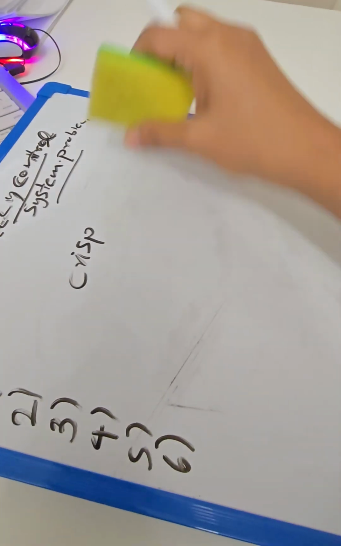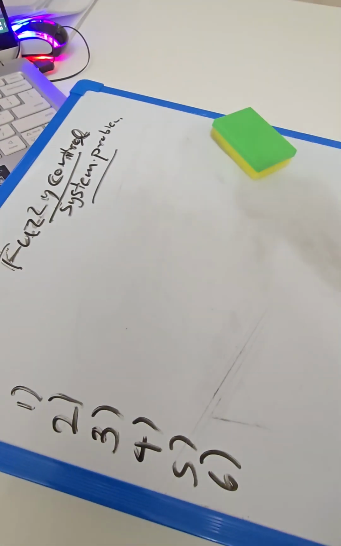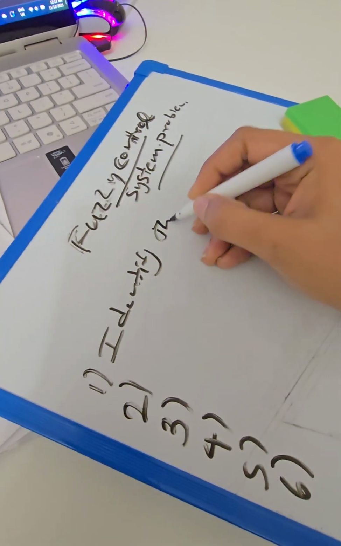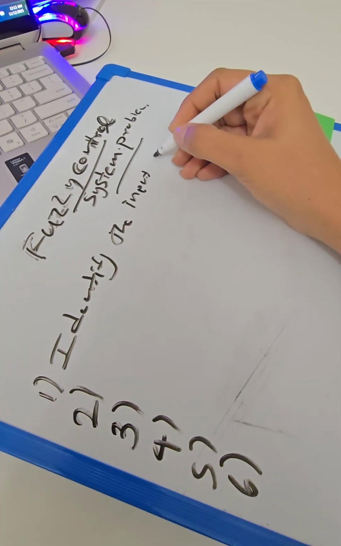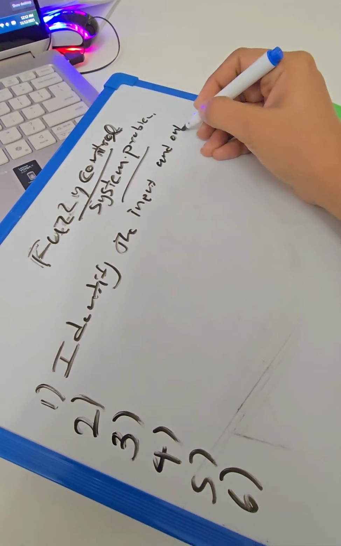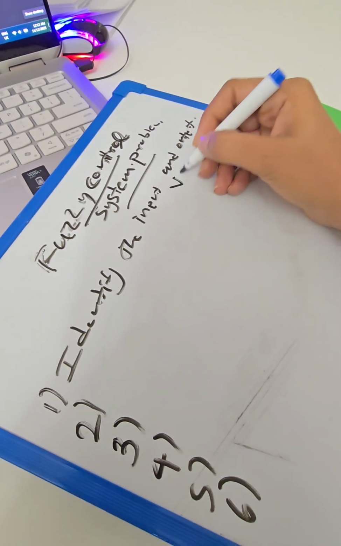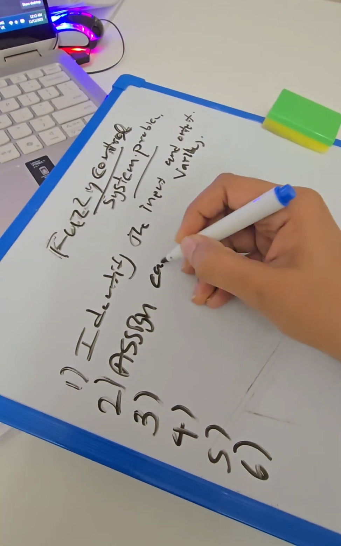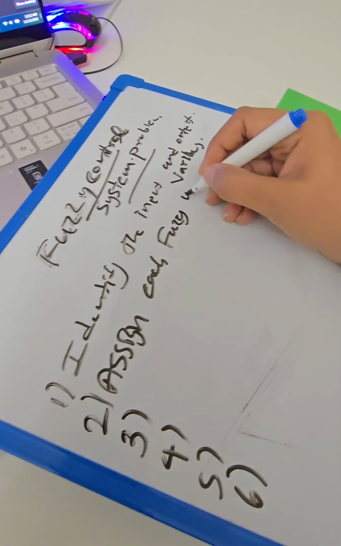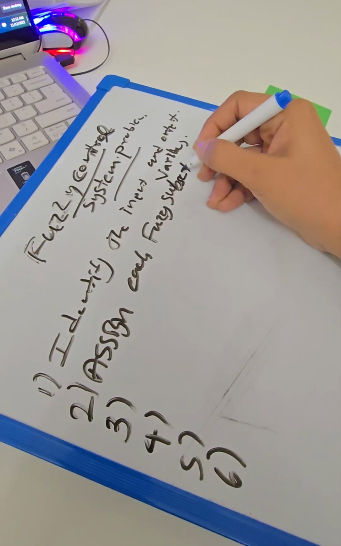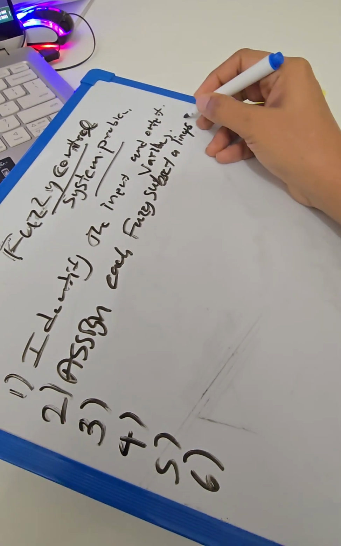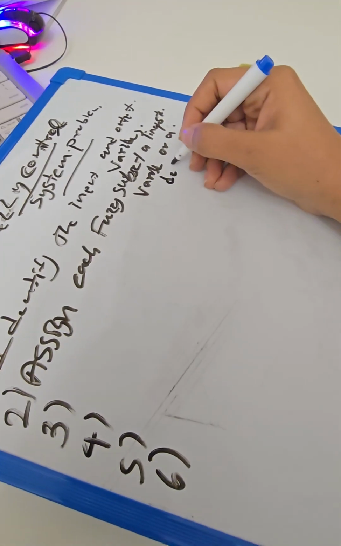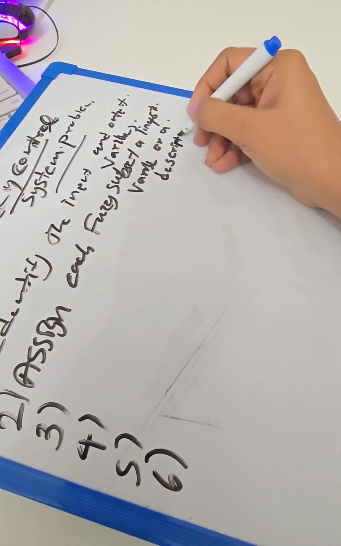Okay, let's move on to this. What are these steps? So first step is we have to identify the input and output variables. Then after we have to assign each fuzzy subset a linguistic variable, or we can say it as a descriptor. Yes.